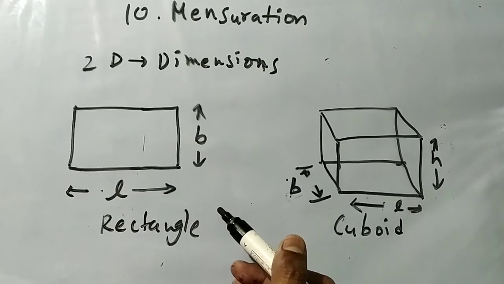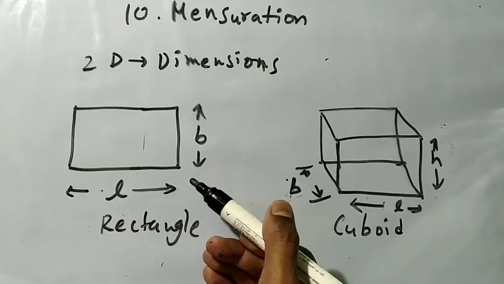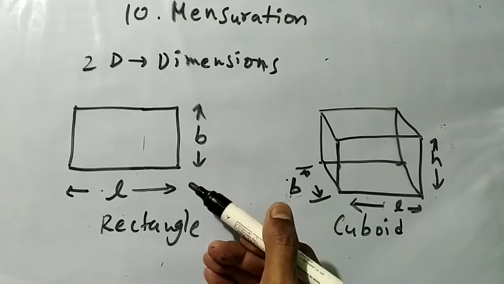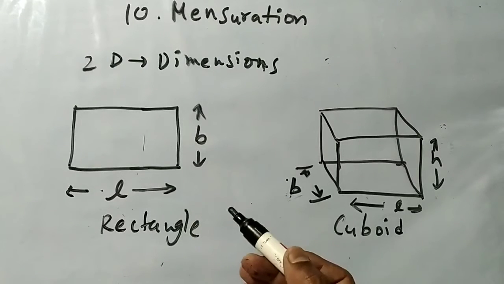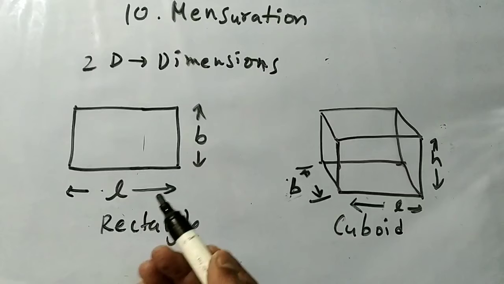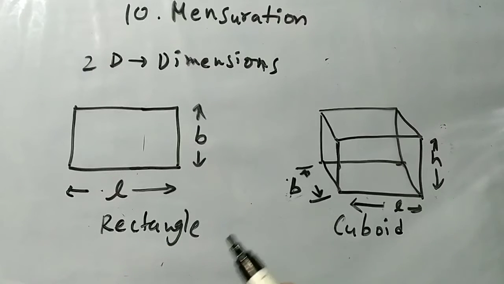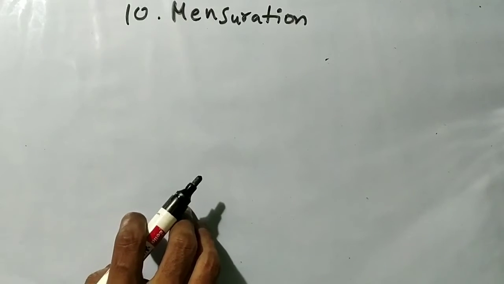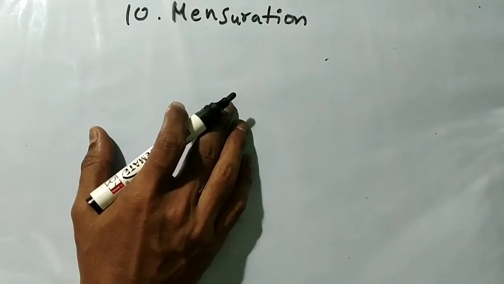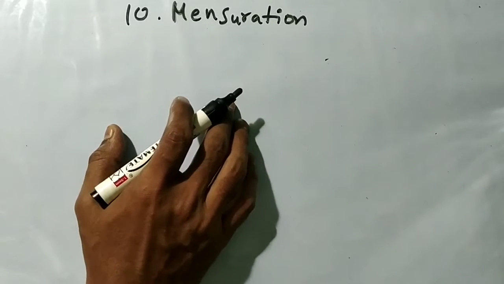We have learned about these solid figures and solid shapes in the 8th class, so no need to explain again and again. So we get into the topic and exercises. Before going to the exercise of mensuration, we need to know some formulas. Without formulas we can't do even a single step in the mensuration chapter.